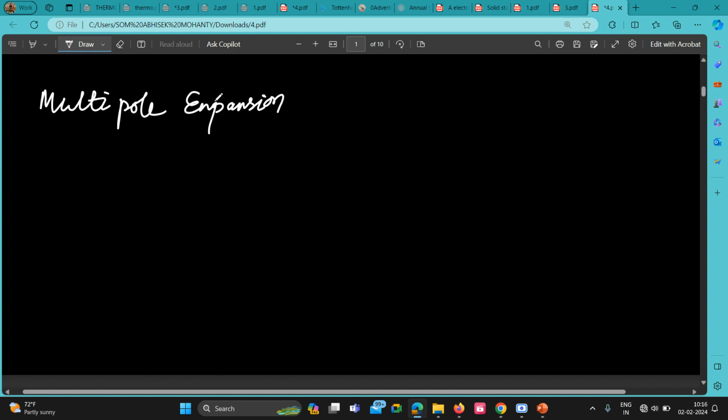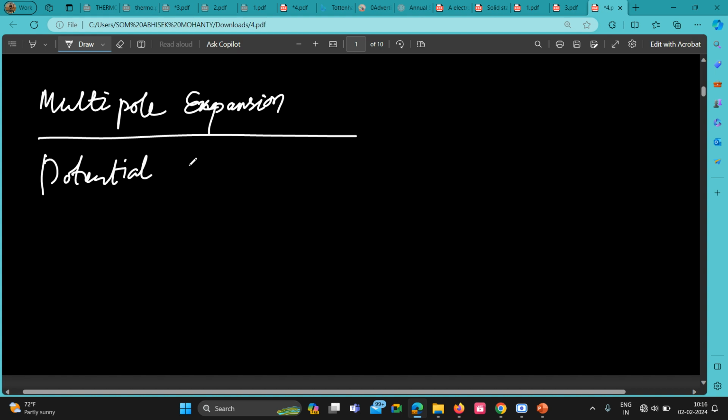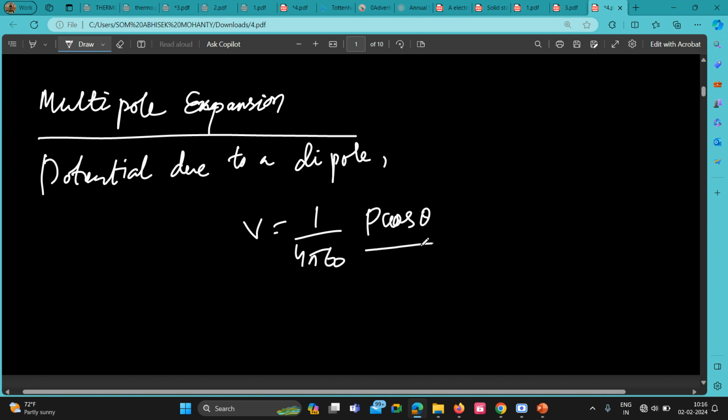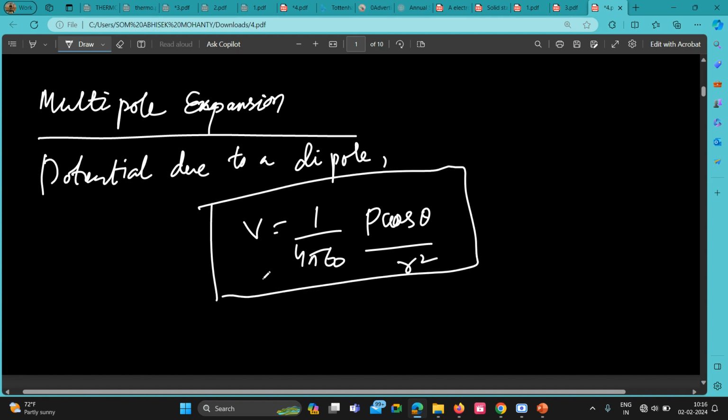We know the potential due to a dipole is V is equal to 1 by 4 pi epsilon naught P cos theta by R square. This is the potential due to a dipole.